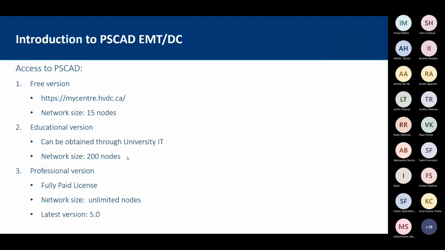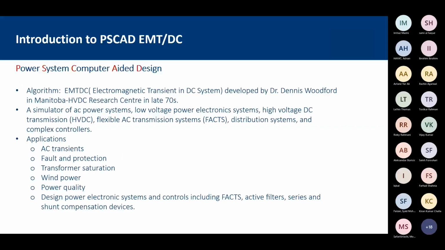There are educational versions as well, which can go up to 200 nodes, and the professional version goes to unlimited nodes. So unlike other power system software, the paid version has unlimited nodes, so you don't have to worry about the number of buses or other things.